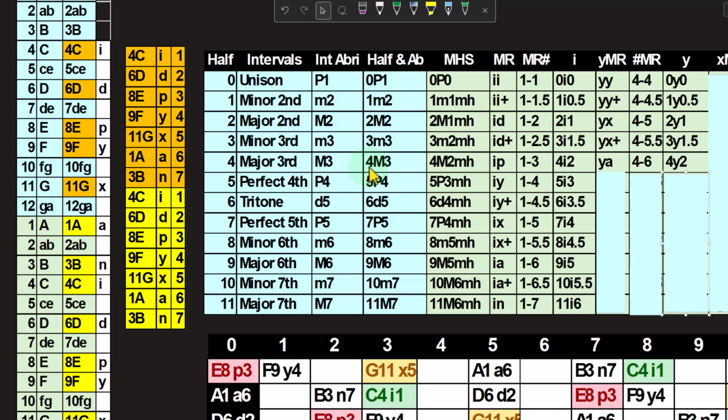See, so if I'm on the Y and I go up 4 notes, Y up 4, 1, 2, 3, 4, it gets me to the Aeolian node. If I'm on the Lydian note here in our collection of 7 notes and I go up 1, 2 modal half steps, I get to the Aeolian node. If I make this the 1 and I measure from that, it would be 1, 2, 3 scale degrees.